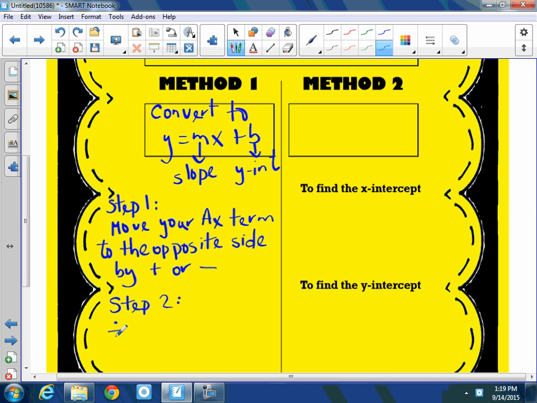Step 2 would be to divide everything by B.